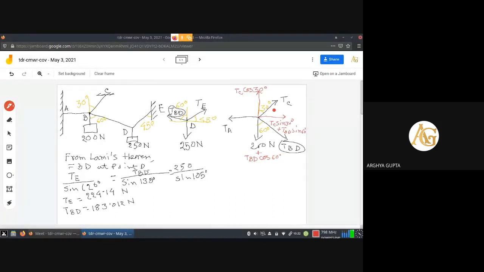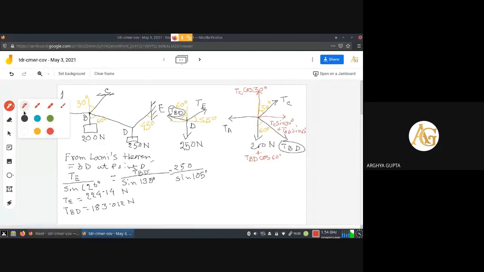Let me check whether I have written all the components or not. TC has the horizontal and vertical components, TC sin 30 and TC cos 30, and TBD sin 60 and TBD cos 60. So all the components have been written here.